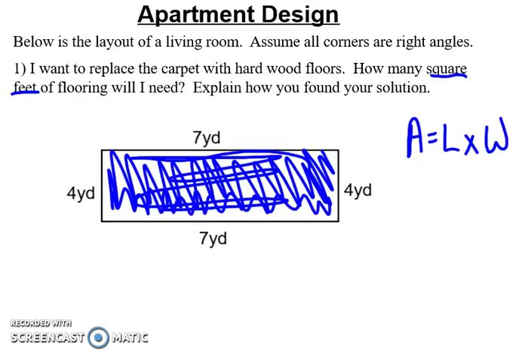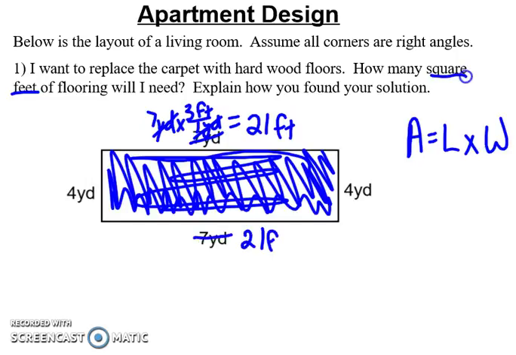I know that for every yard there are 3 feet. So 7 yards, and I get 3 feet for 1 yard. My yards would cancel, and that leaves me with 21 feet. So I really multiply by 3 to go from yards to feet. So I know this is 21 feet.